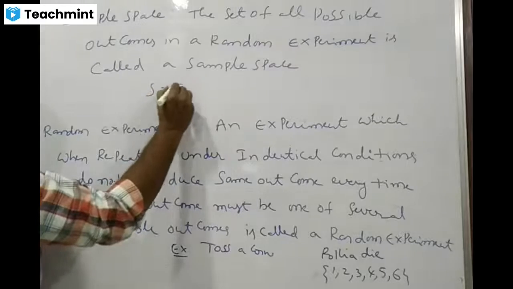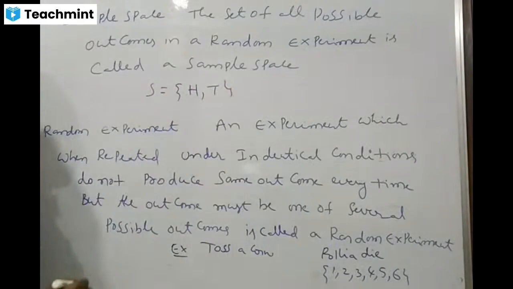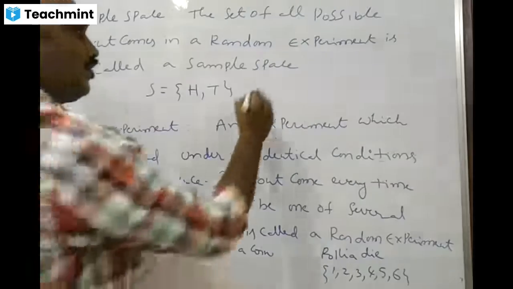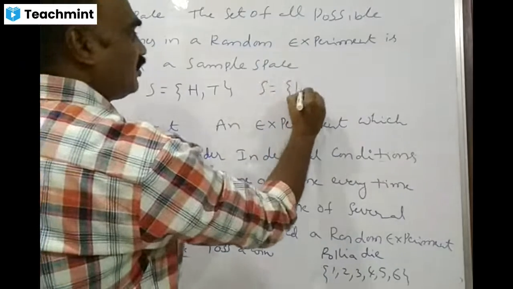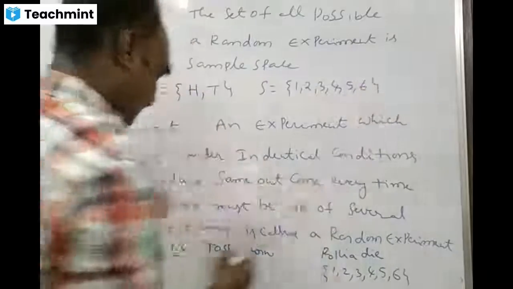Suppose we toss a coin: total possibilities are head or tail, H, T. Suppose we roll a die: total outcomes are 1, 2, 3, 4, 5, 6.